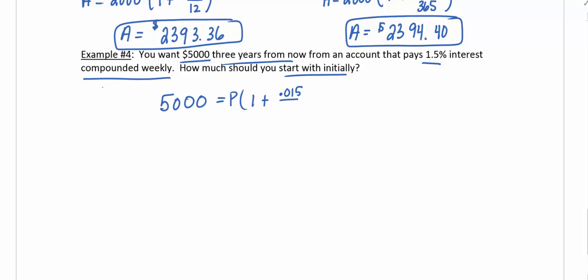It's being compounded weekly. There are 52 weeks in a year. And then you've got 52 times 3. So you have P times this value, and you're looking for P. So what you can do is you can type this whole piece into your calculator.